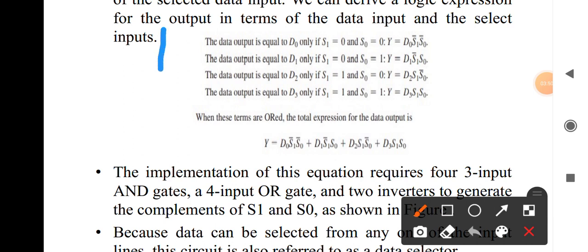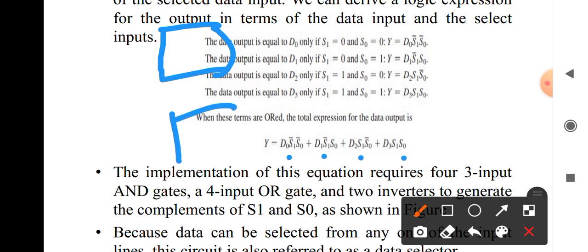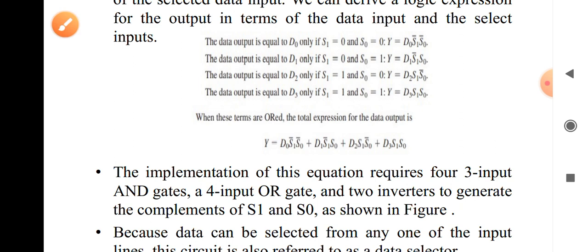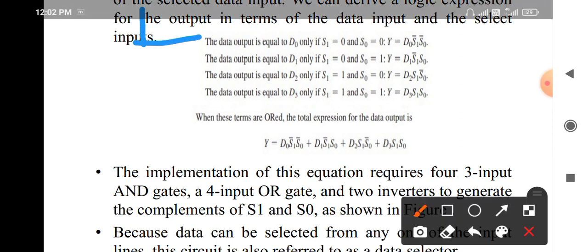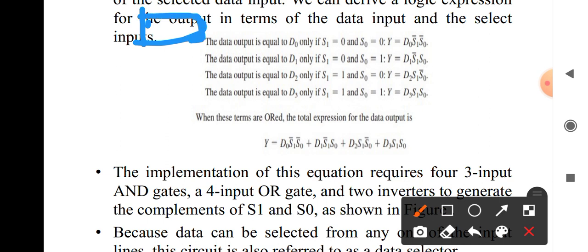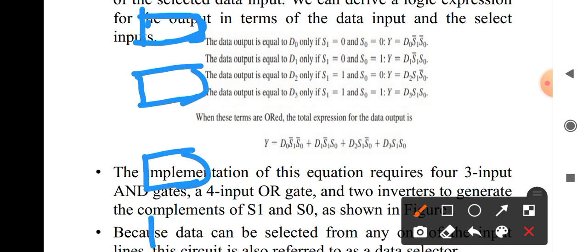So here we need 4 AND gates, which I have written here. One minute, I will write it down neatly. So here I can have 4 AND gates.